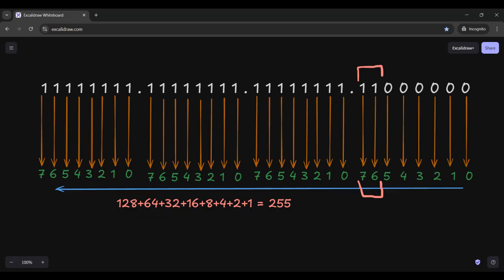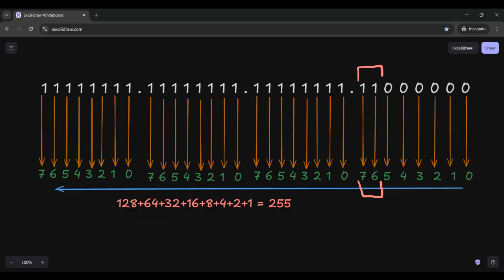It's classified as 7. So 2 raised to 7, which was 128. And the next bit is classified as 6th position. So we raised 2 to power 6, which is equal to 64. And we found that the value of this segment of the CIDR notation is 192.